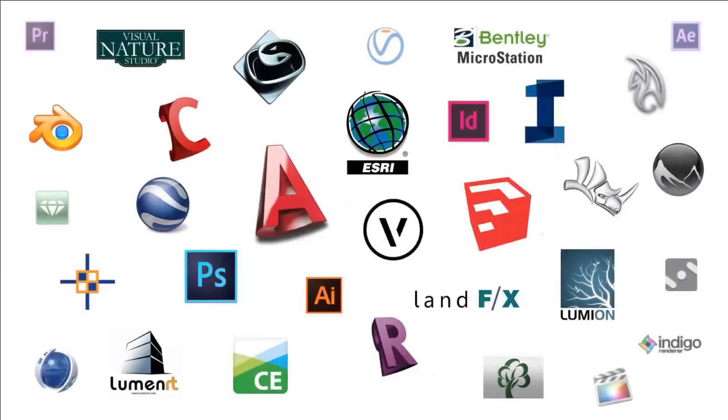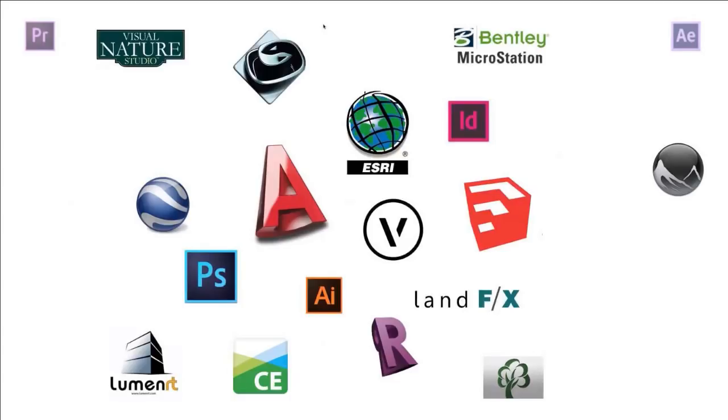So there's this whole ecosystem of software that's available to us. As design practitioners, we have to think about what software is the most useful, what's going to cost the most, or at least offer the most return for that cost. And then you can start to build what software is needed for your firm.